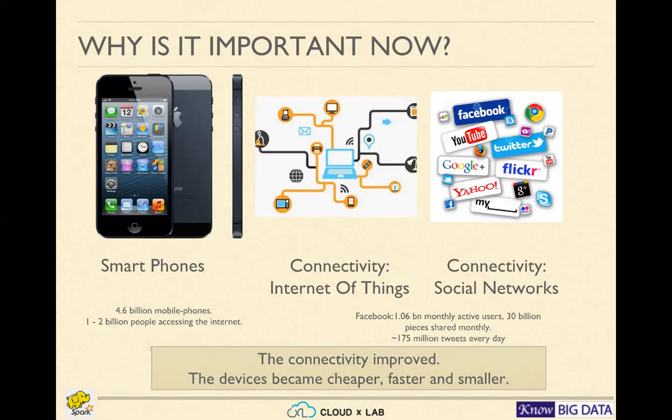And not only that, if you talk to any of your friends who is into hardware industry, they'll tell you that all the hardware companies have their KPI, the key performance indicator, the objectives of their organizations, to make the devices cheaper, faster, and smaller. So they have been successful in doing that on one hand, and on the other hand, connectivity is omnipresent.